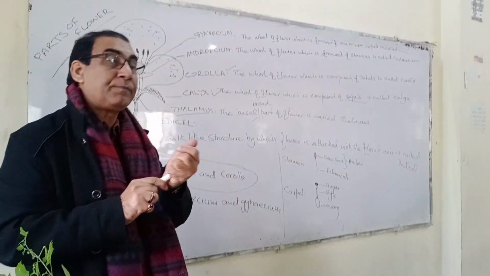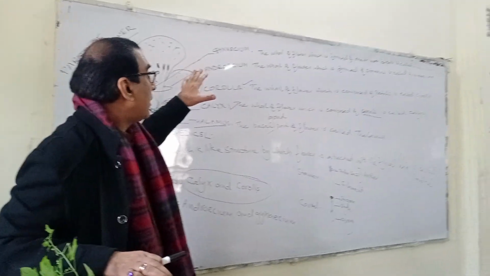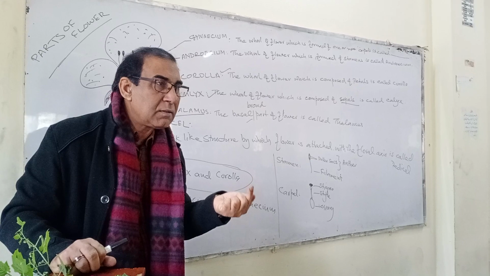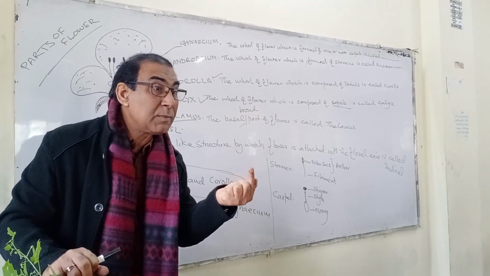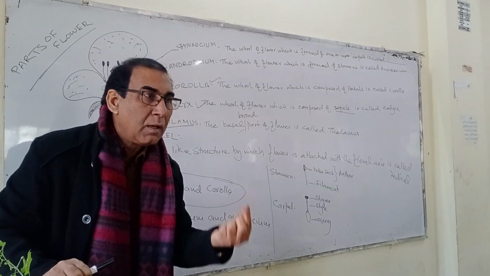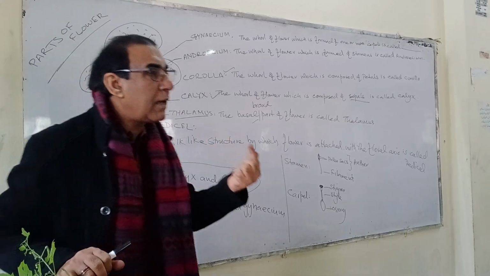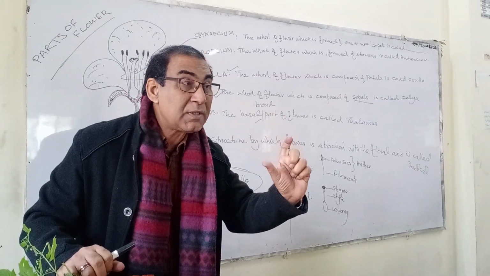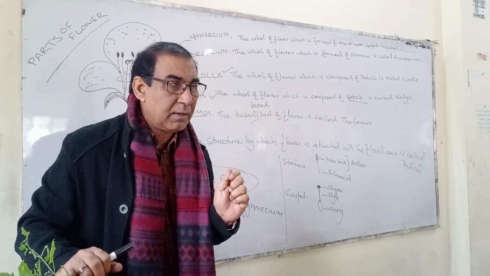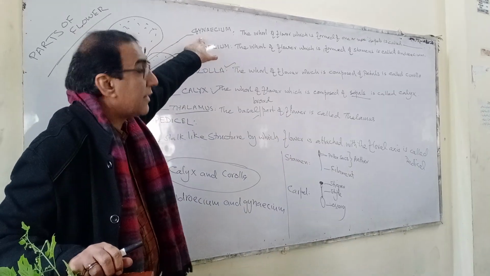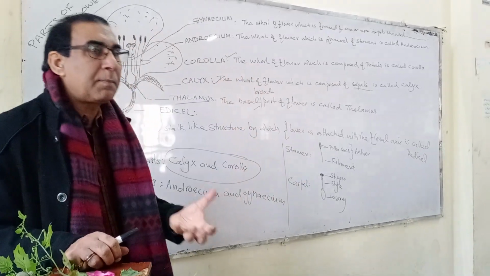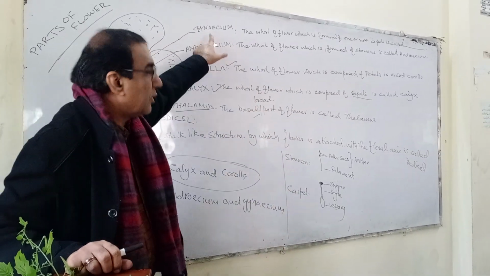If there is one carpel, we say the gynaecium is monocarpellary. If there are two carpels, we say bicarpellary gynaecium. If there are many carpels, we say multicarpellary gynaecium.